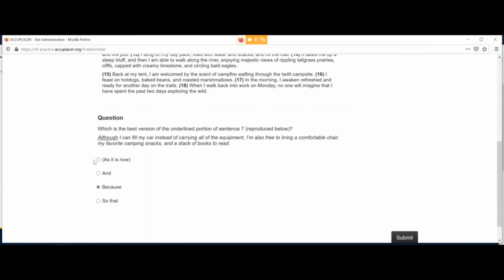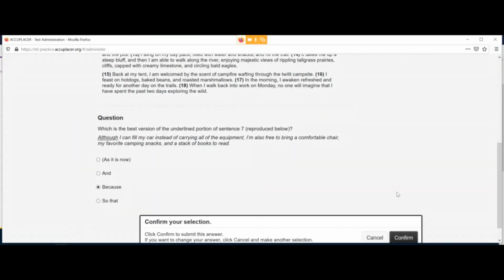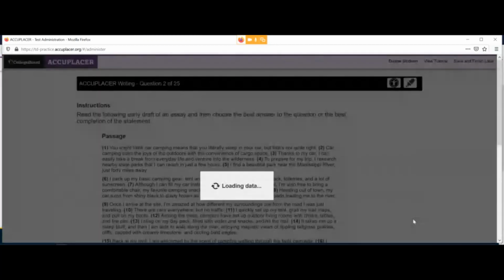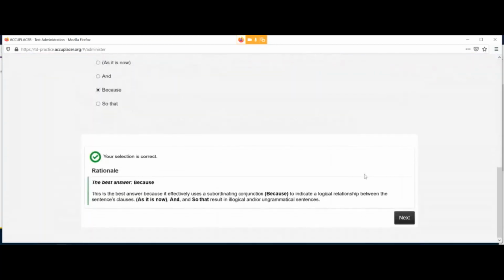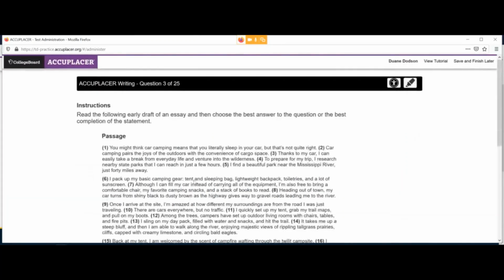"And" is just additional. "As it is now," again, we talked about the fact that you don't want contrast here, and "although" would indicate contrast, and then "so" would not work either, but "although" needs to be replaced with "because." Go ahead and click submit, and then you click confirm, and then that one is correct as well. Okay, so now we move on to the next sentence.